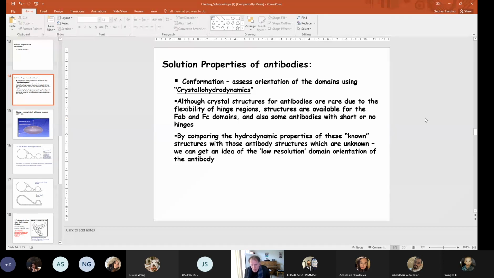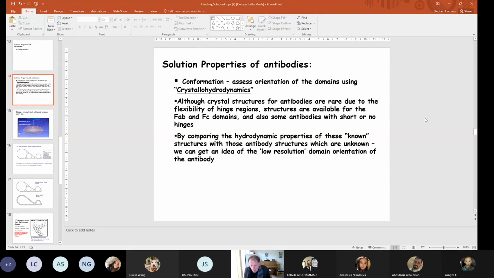But what we can do is measure what's called the solution properties or hydrodynamic properties of the molecule. We can also measure the hydrodynamic properties of the individual domains, the Fc and Fab domains, and we can also get the crystal structures of the Fab and Fc domains.